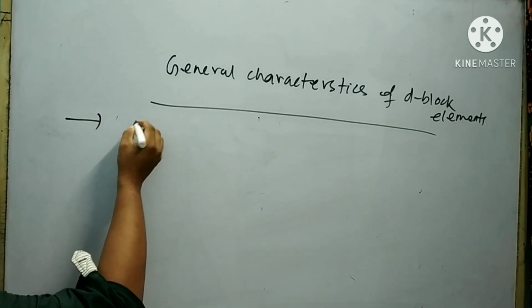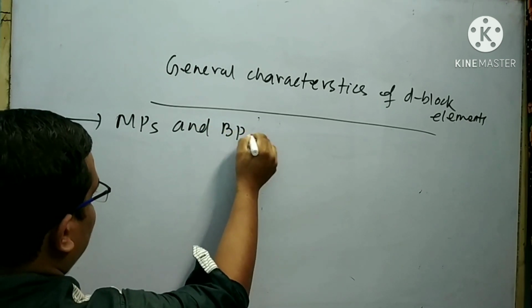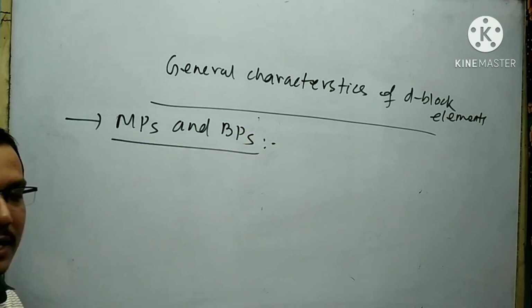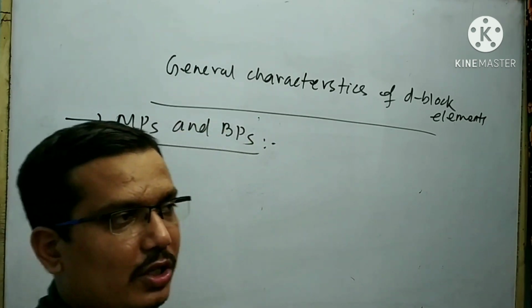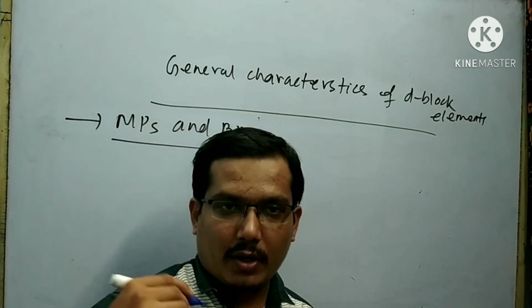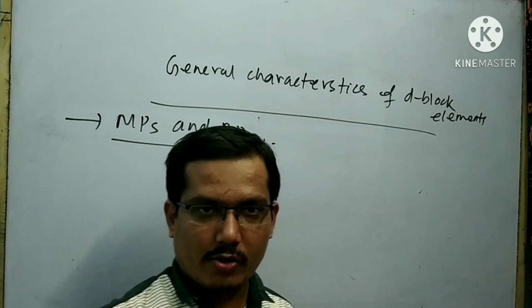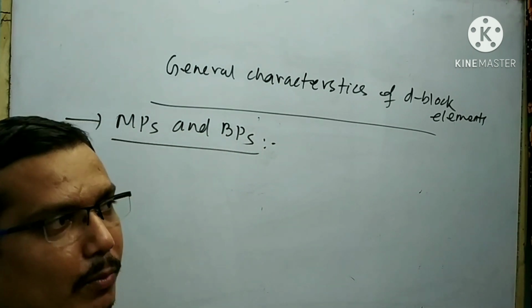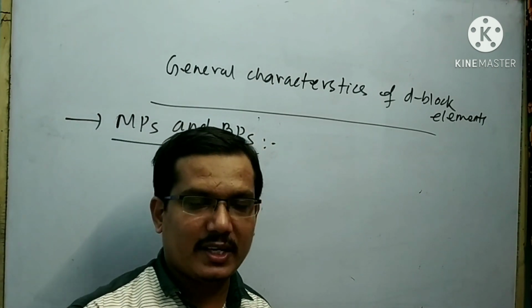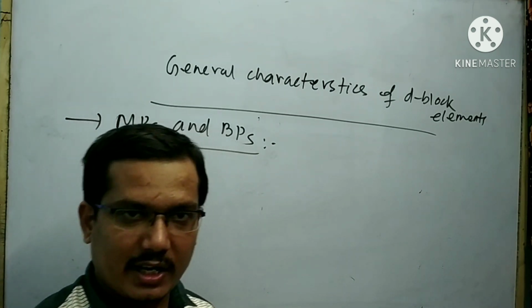Next general characteristic is melting points and boiling points. The melting point and boiling point of the transition elements go on increasing up to the element which contains 5 unpaired electrons, then decrease. This is due to more covalent bond formation in the element which contains 5 unpaired electrons.